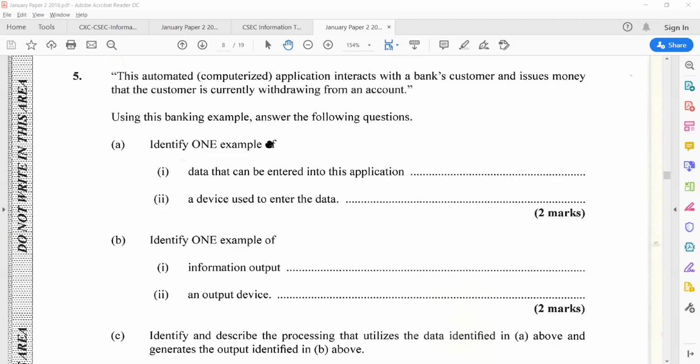All right. Now part B. Identify one example of information output. What sort of information is output using this system?